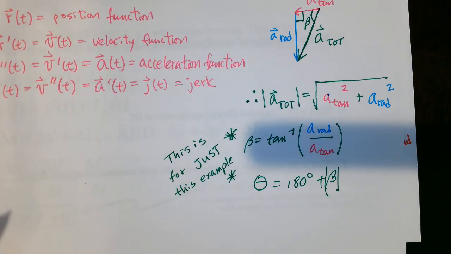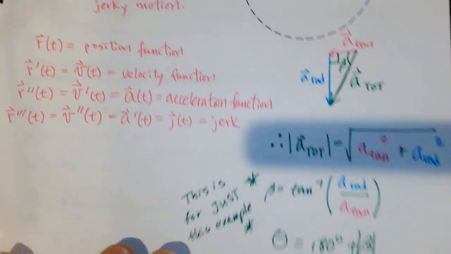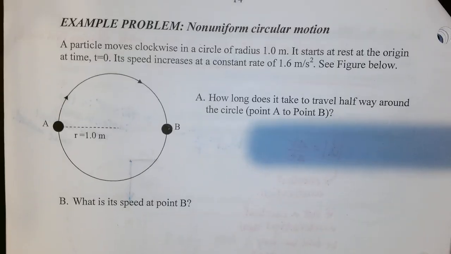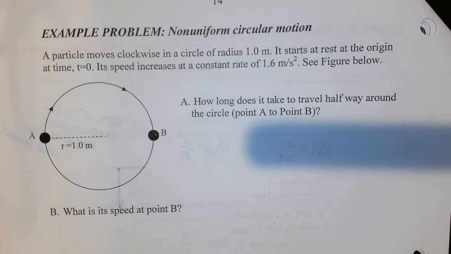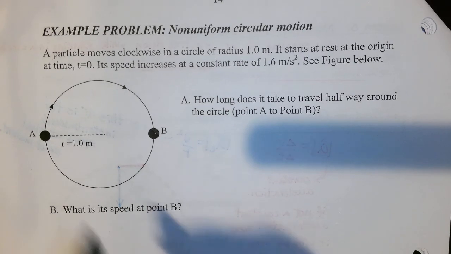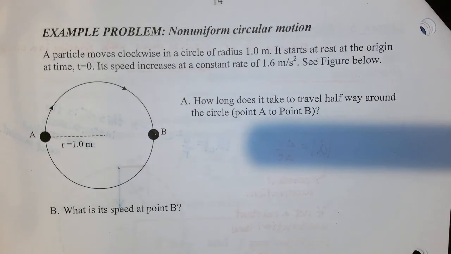Let's take a look at an example problem. Here we have an example problem of non-uniform circular motion. A particle moves clockwise, so it's moving this way, in a circle of radius 1 meter.